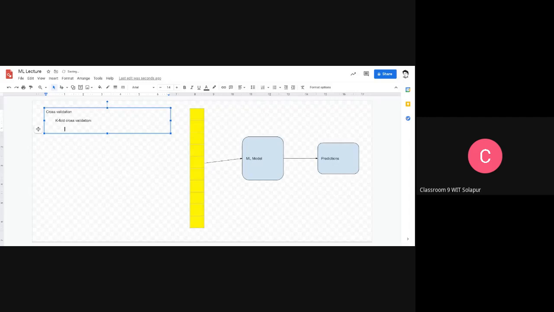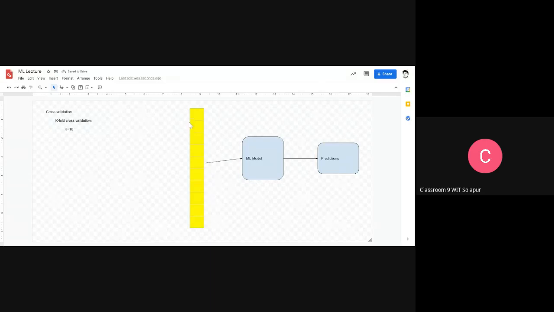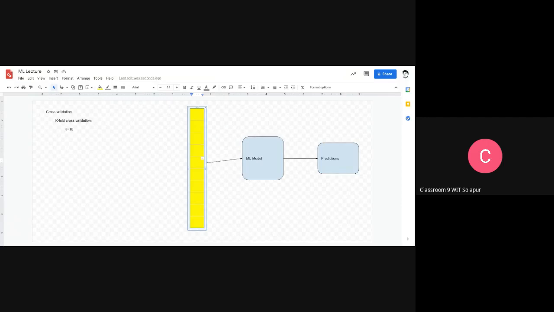Here, if I say k is equal to 10, remember this data set has been split into 10 parts. Look at this, this is part 1, part 2, part 3, and so on up to 10. So this data set has been split into 10 parts. Here the k indicates the number of folds, or splits, in this data set. When I say 10, it means that my entire data set is split into 10 folds.